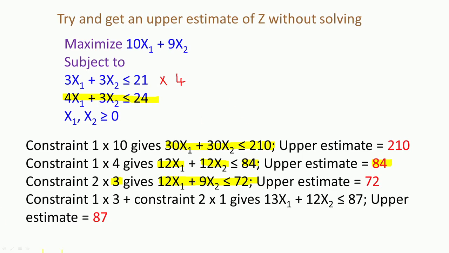Again, so long as x1 and x2 are greater than or equal to 0, 10x1 plus 9x2 will be less than or equal to 12x1 plus 9x2. And since 12x1 plus 9x2 itself is less than or equal to 72, 10x1 plus 9x2 has to be less than or equal to 72, and 72 is now an upper estimate to the value of the objective function.